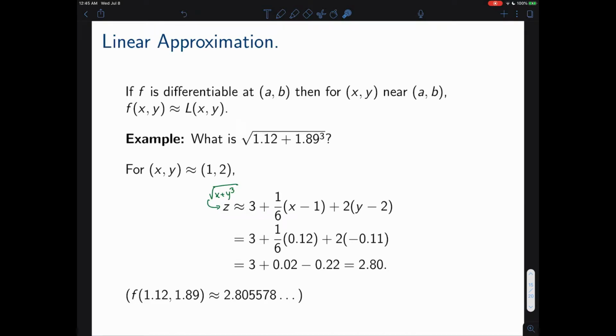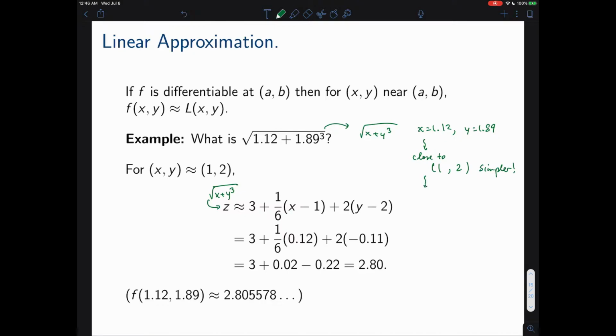Okay, so that's the basic idea of the linear approximation. You have something you want to figure out. You identify that this is the square root of x plus y cubed, where x is 1.12 and y is 1.89. And that's close to the point (1, 2), which looks simpler.